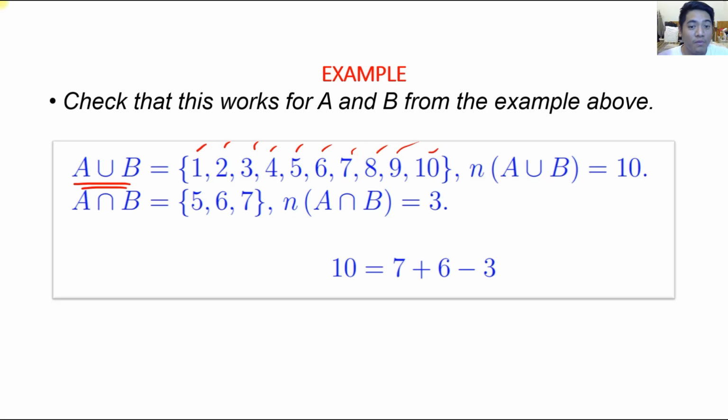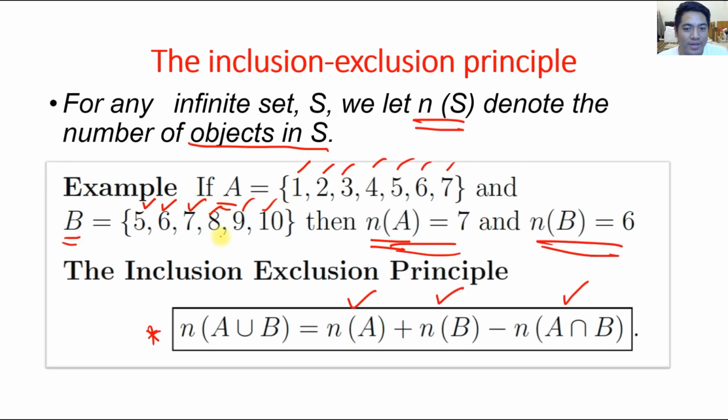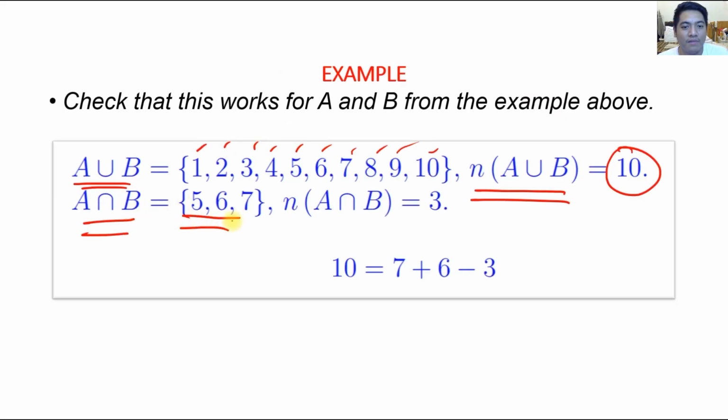So the number of objects in the union of A and B, n of A union B, equals 10. If we wish to find the intersection, it is also easy. We get the intersection of A and B. They intersect at 5, 6, 7, which are common to both. So the number of objects in the intersection is 3.